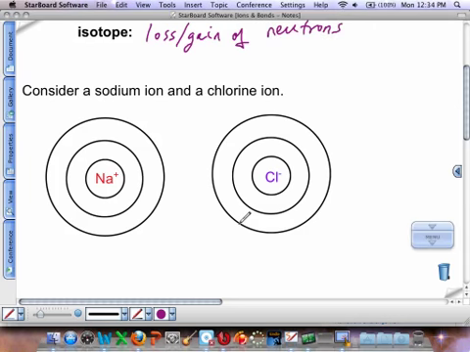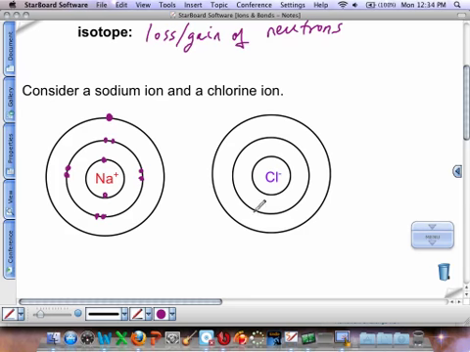What is the atomic number of sodium? 11. So I'm going to put on 11 electrons. So 1, 2, and on the next shell I should have a total of 8, which will give me 10. And then I have my 11th electron all by itself.